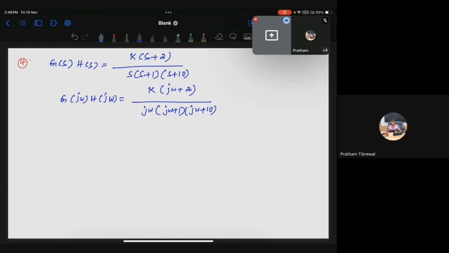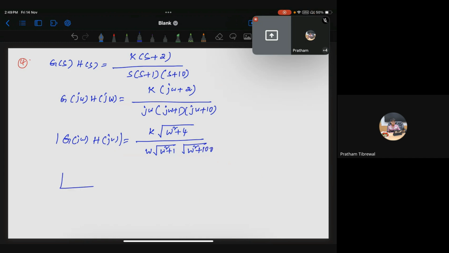Let's find the magnitude and angle. The magnitude is K times root of omega squared plus 4, over omega times root of omega squared plus 1 times root of omega squared plus 100.